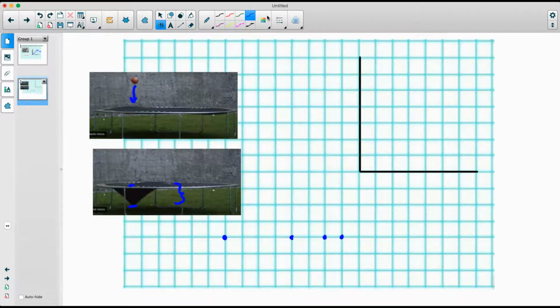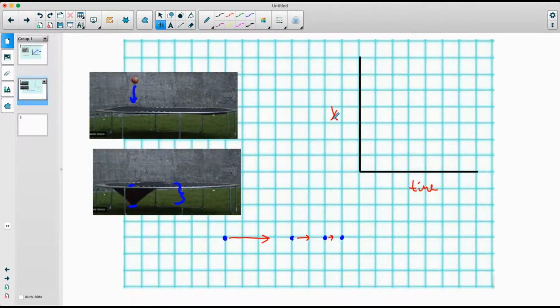Now let's put in the velocity arrows, velocity vectors. All right, so going really fast, slowing down even more, and then stopped. Okay, so now what will the position time graph look like? So here's our position time graph. So we'll have time here, and then we'll have position here.